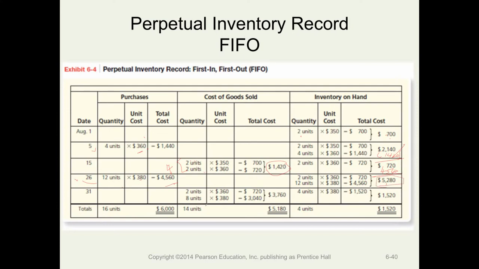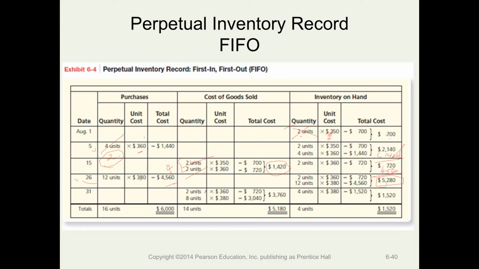And then finally, we sell 10 units. In selling those 10 units, we know that we've already sold the 2 units in beginning inventory, or at least the cost associated with those 2 units. We also sold 2 units, or at least the cost of 2 units, out of the August 5th purchase. Next, when we sell the 10 units here, going in FIFO order, cost of goods sold is the oldest cost.